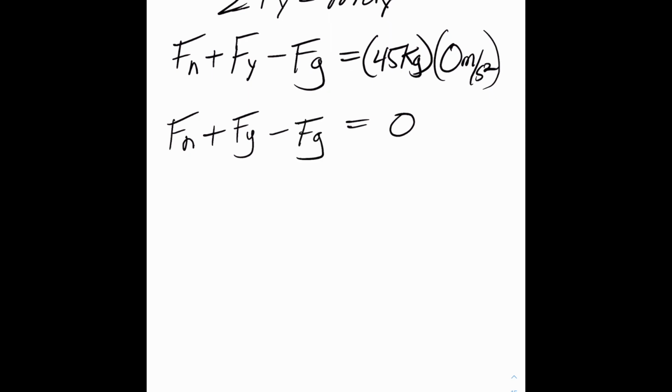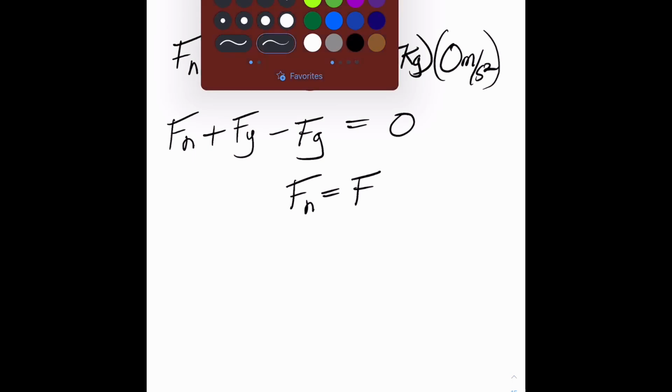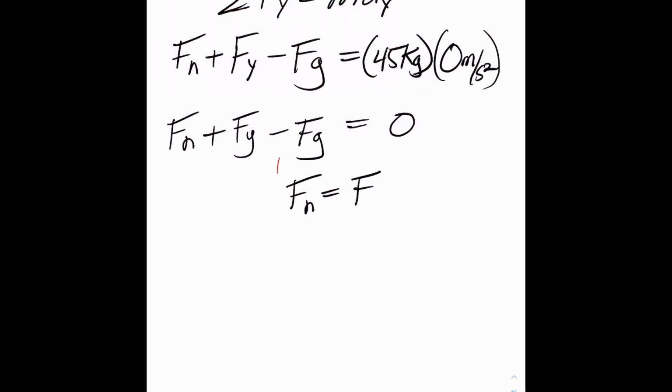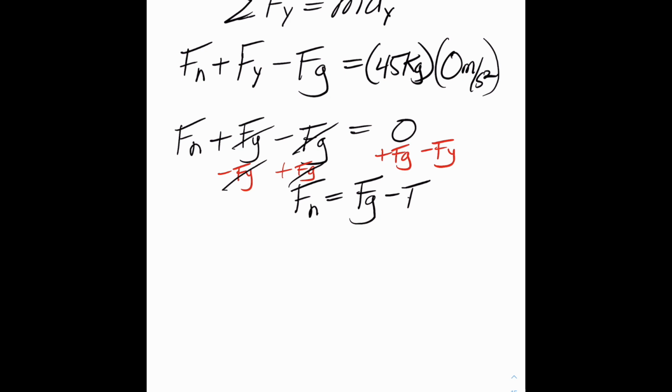All right, so let's go ahead and solve for Fn because that's what we want. So what we're going to do here is add Fg. We are going to subtract Fy from both sides. All right, so if we do that, these cancel, and we're left with Fn equals Fg minus Fy.